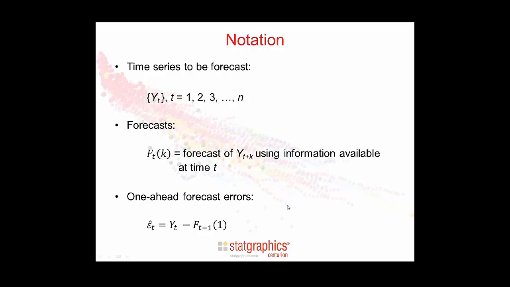They tell us how much we missed trying to forecast 1 period ahead. And we can calculate these for all the different time periods in our data. And a good forecasting model will be a model that gives us small errors. And we'll tend to compute statistics like the mean squared error, the mean absolute percentage error, or whatever based upon these one-ahead forecast errors.